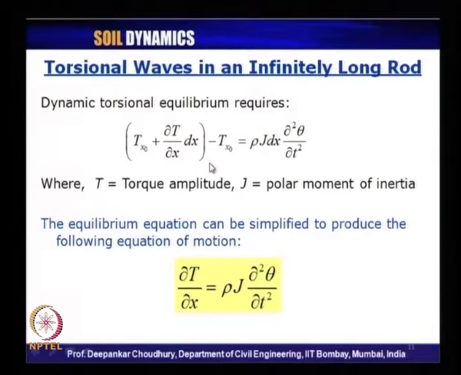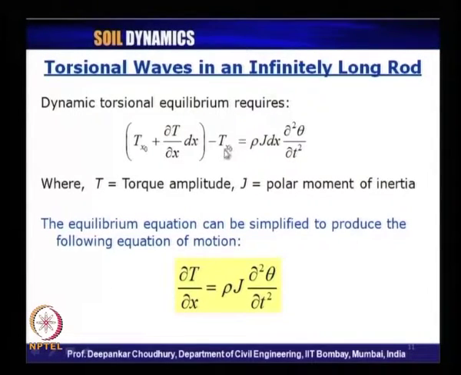So, this is the resultant torque within the length dx, that should be equated with the inertia force generated due to the movement of the particle, which is nothing but density of the material times polar moment of inertia times dx length times the rotational acceleration, which is del 2 theta by del t square. So, this T is torque amplitude, J is polar moment of inertia.